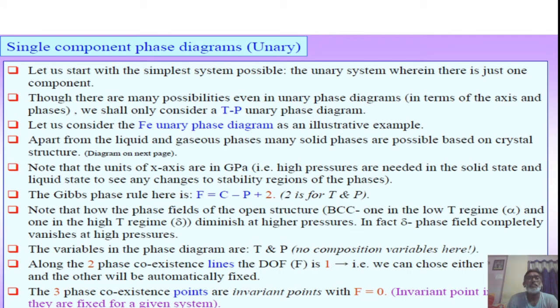Now the Gibbs phase rule for a single component system, or unary phase diagrams. The advantage of the phase diagram is seen, for example, by considering single components and comparing iron, aluminum, beryllium, and magnesium.